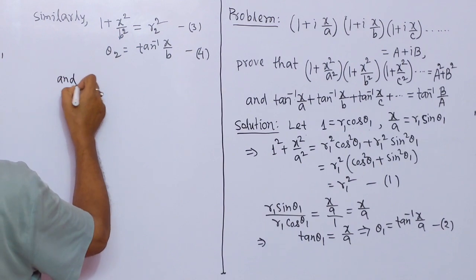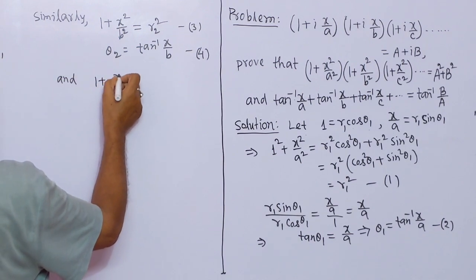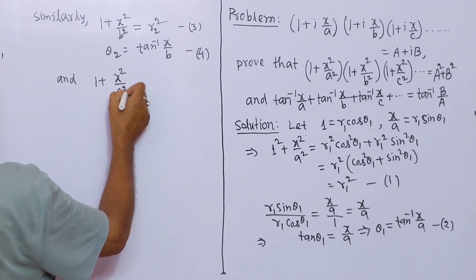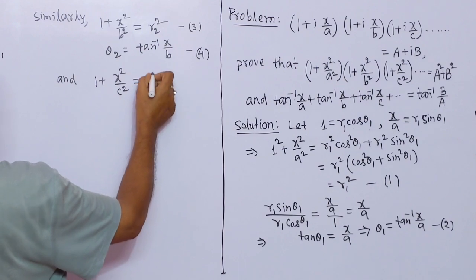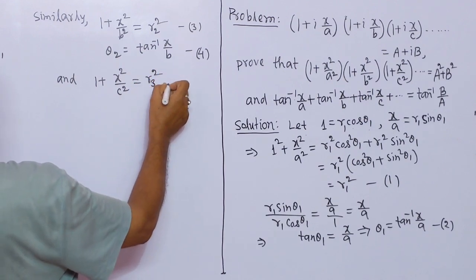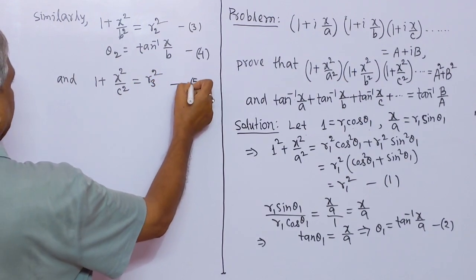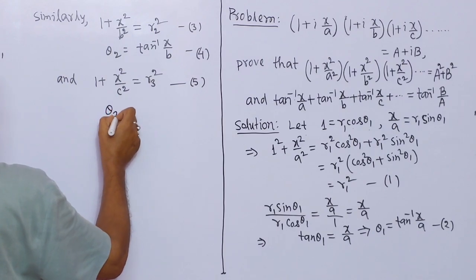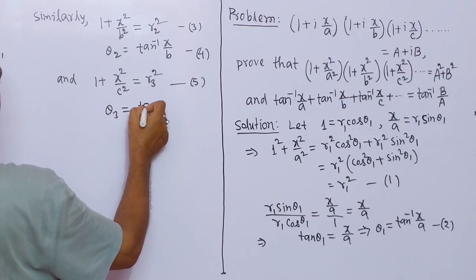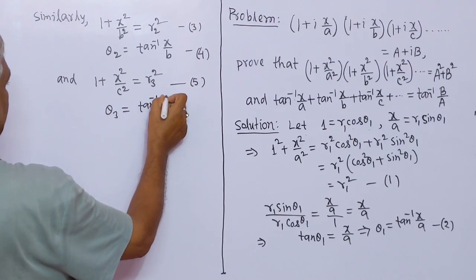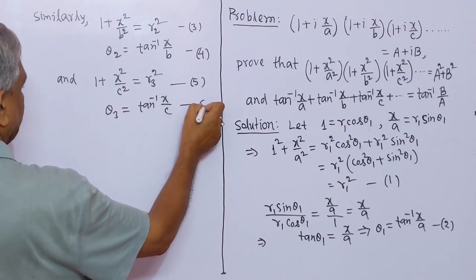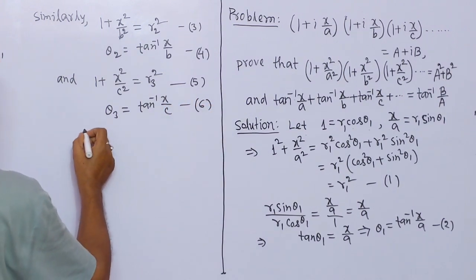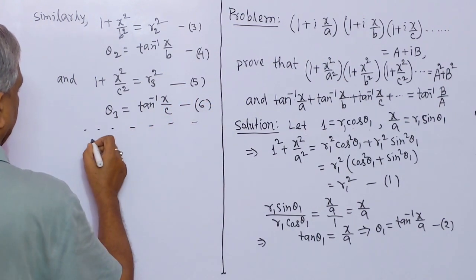And 1 + x²/c² equals r3². This is number 5. Theta 3 equals tan⁻¹(x/c). This is number 6, and so on.